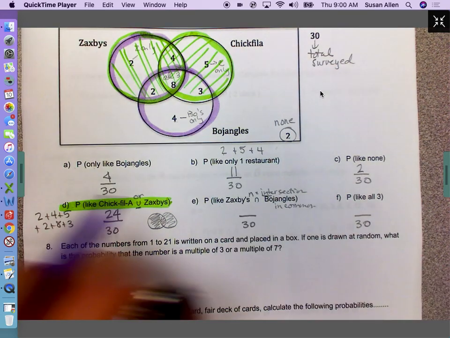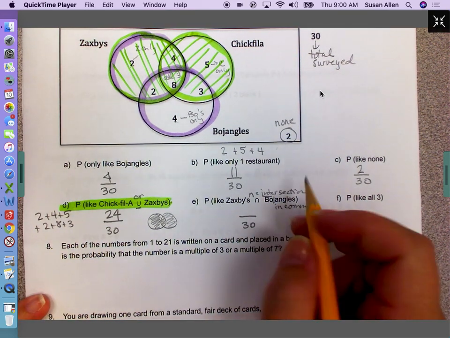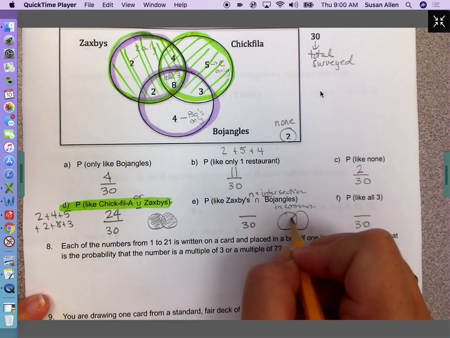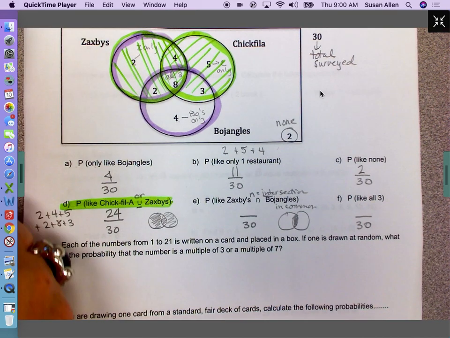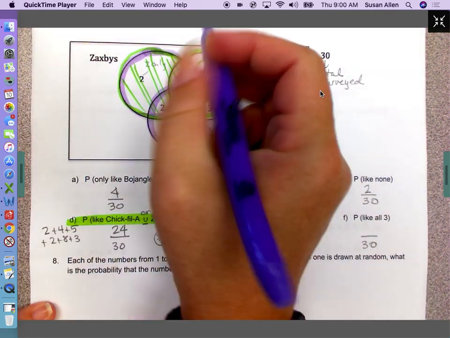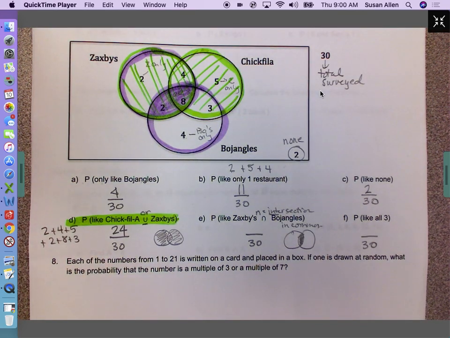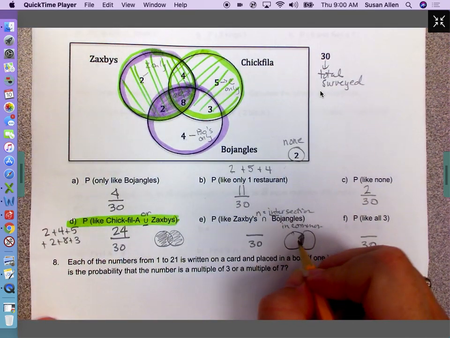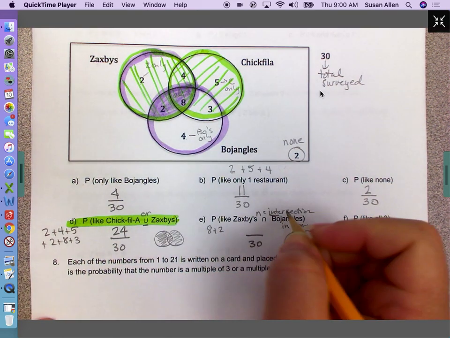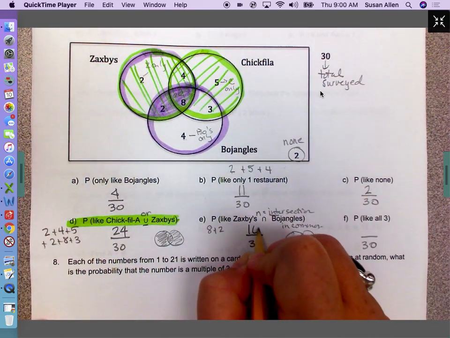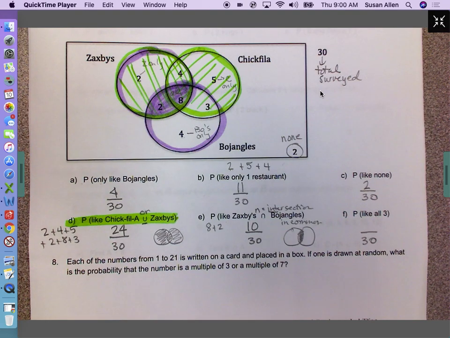The intersection, remember the intersection on a Venn diagram is where 2 circles overlap, everything in the area where they overlap. So these overlap here where I have 8 and 2. So I'm going to combine the 8 and 2 to get a probability of 10 over 30. 10 out of 30.